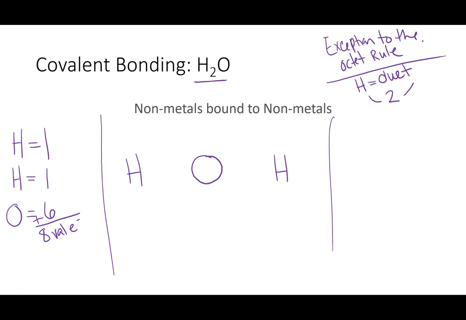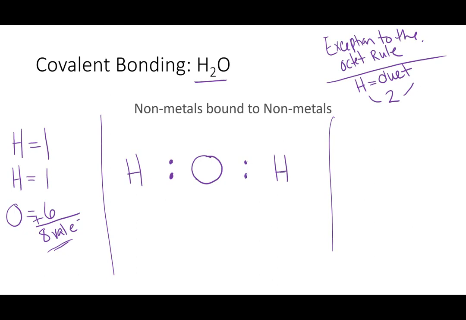All right, so distributing valence electrons to make everybody happy, I have 8 to distribute. So I'm going to put 2 right here between hydrogen and oxygen. So these 2 atoms are sharing those 2 electrons. So that's 2 out of my 8. And I'm going to put another 2 between this hydrogen and oxygen.